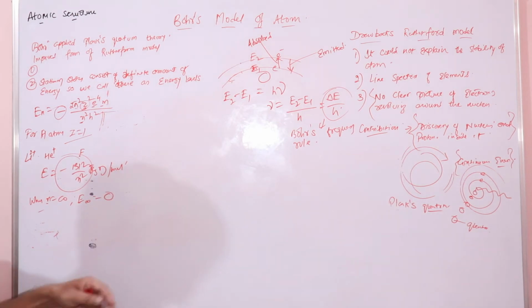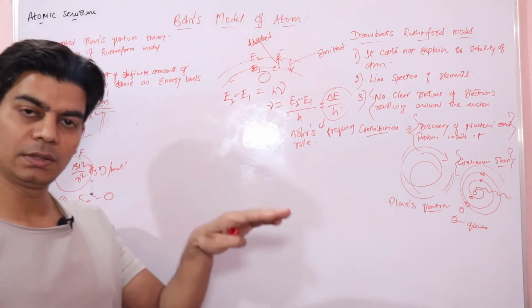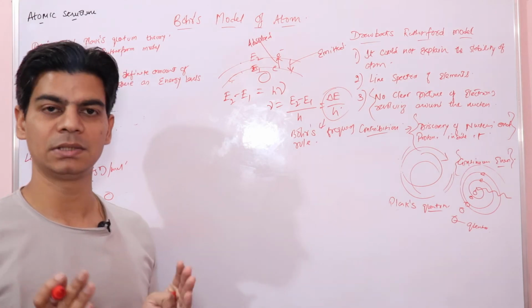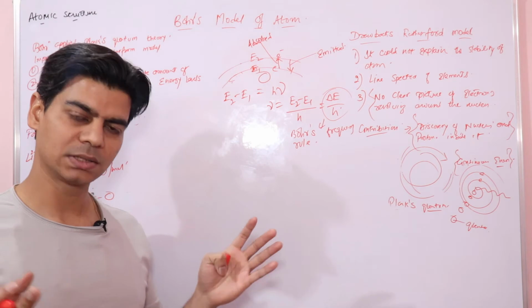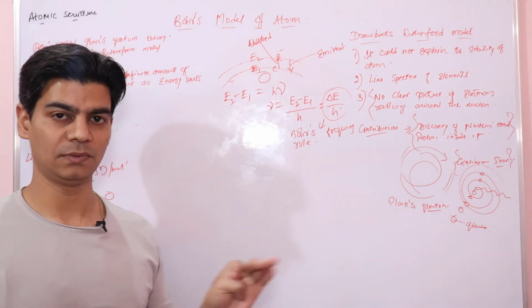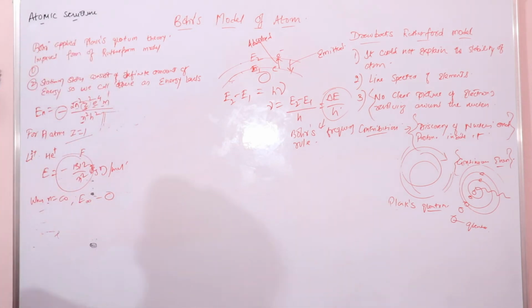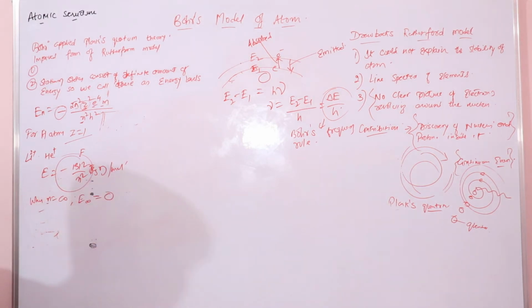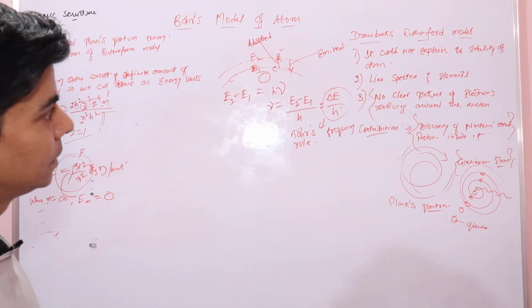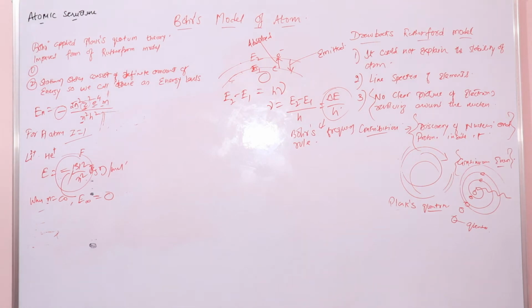So when the electron comes close to the nucleus, attraction between the electron and nucleus increases. When there is attractive interaction, energy is released. When energy is released from an electron whose energy is already 0, its energy becomes negative. So this model of atom is important.